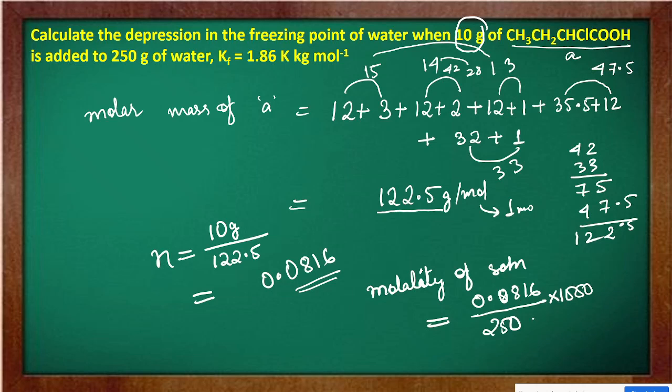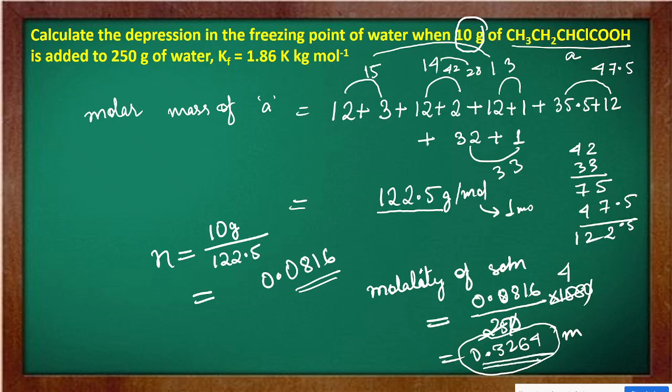So now if you are solving this one, this 0 and this 0 will cancel out, then 25 4 times 100, and if you are multiplying this, you get 0.3264. It means that the molality of the solution is 0.3264 molal. The symbol of molality is small letter m.